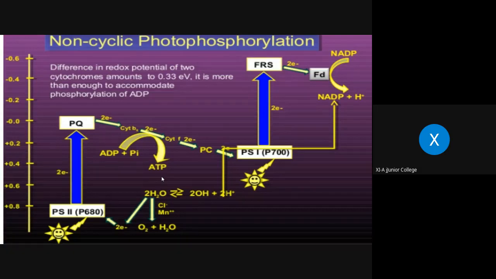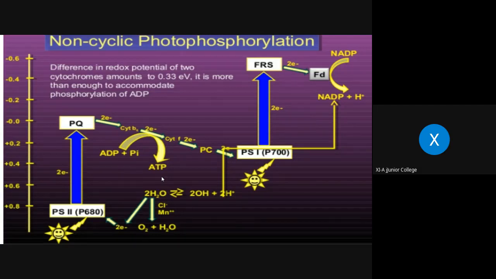Two points you need to remember. That is, phosphorylation takes place. That means NADPH as well as ATP is produced. At the same time, photolysis of water is taking place. That means oxygen is released. So these are the chemical reactions you need to remember. How the photolysis of water takes place. That means breaking of the water molecule takes place into H plus and OH minus ions.